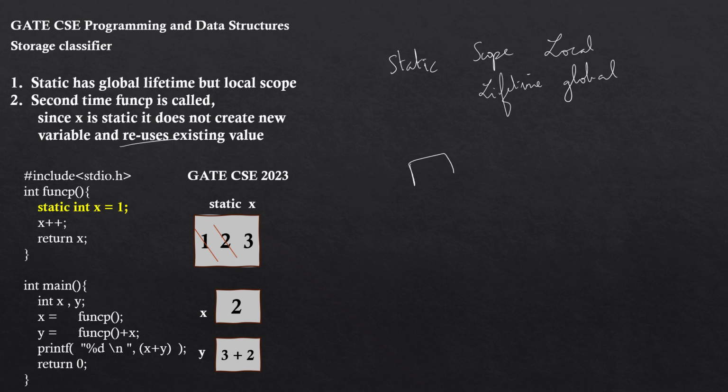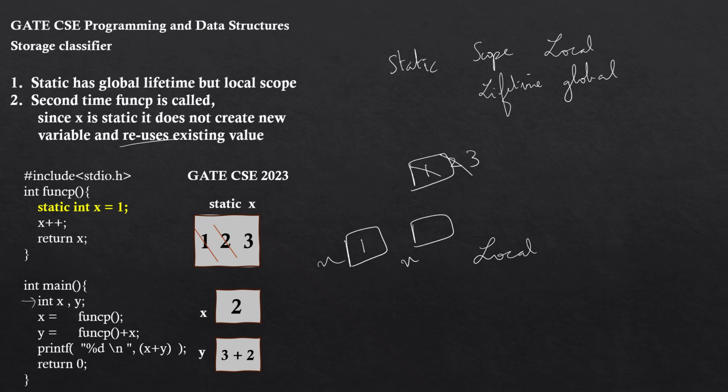That's why every time we were calling, it was incrementing that same value itself and not creating a new value like in main, where a new fresh value was being used for a local variable.